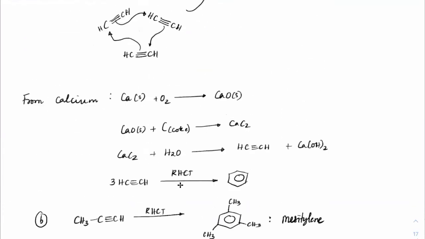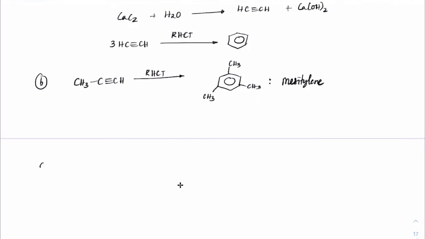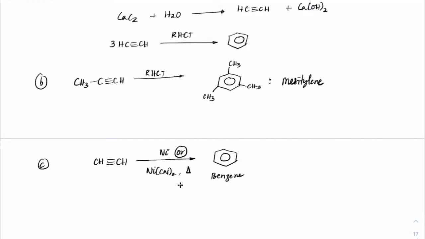Same reaction, in case we take CH triple bond CH but I change the reagent here to nickel cyanide, Ni(CN)2, and heat. Then we will get benzene as the minor product, and the major product would be cyclooctatetraene.